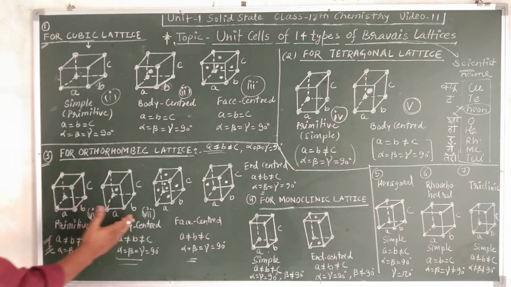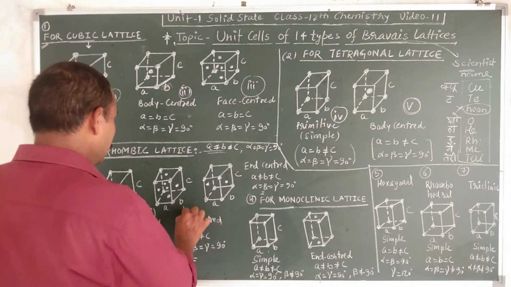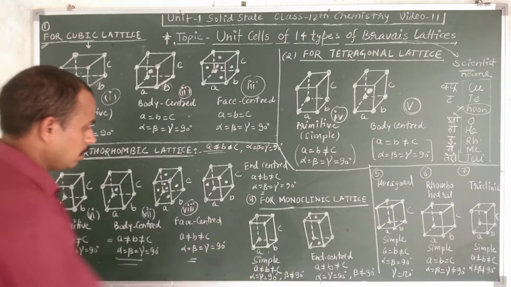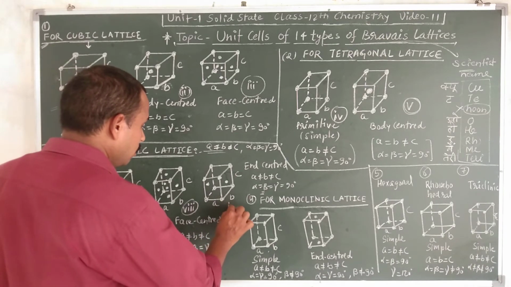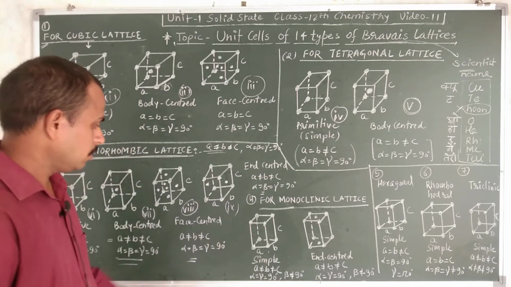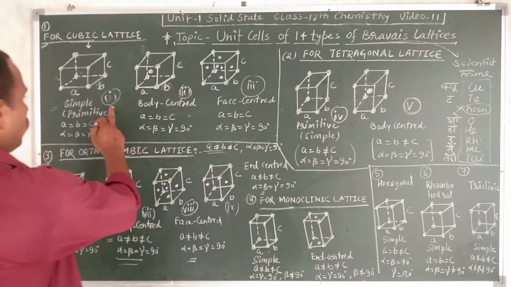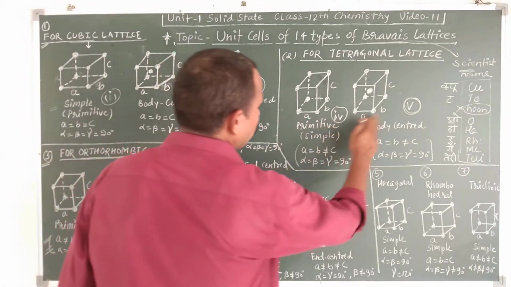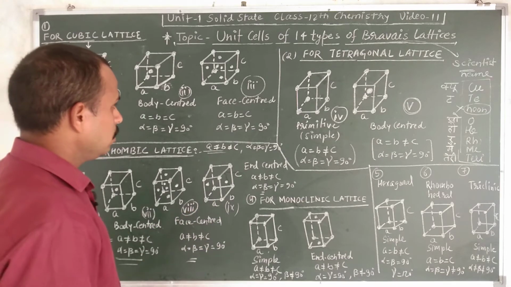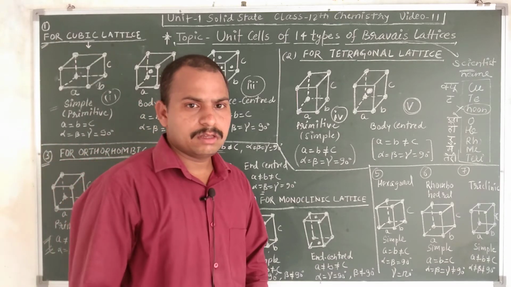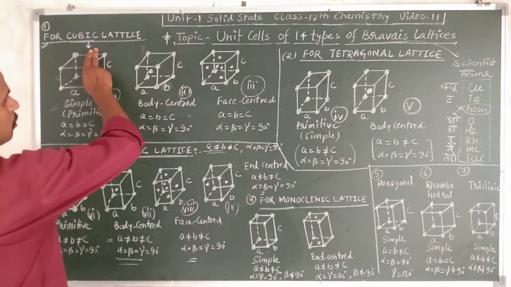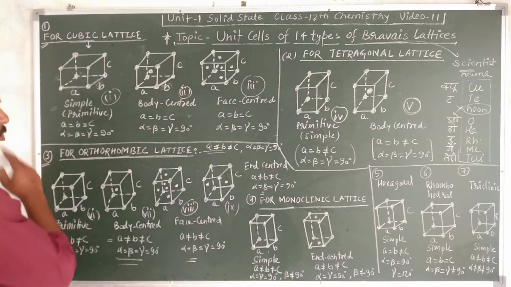Now this is the 6th, 7th and this is the 8th Bravais lattice, and this is the 9th Bravais lattice. So we completed 3 crystal lattices: cubic, tetragonal, orthorhombic.